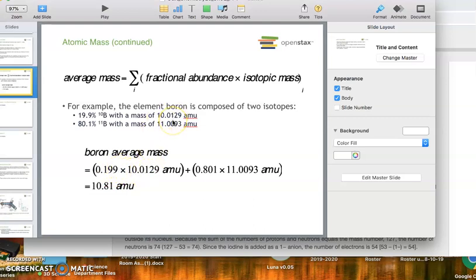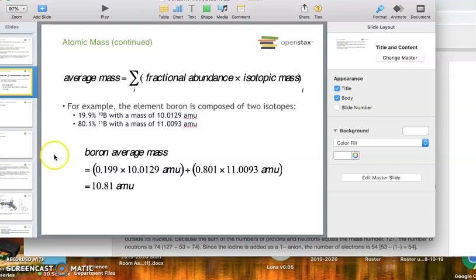So for boron 10, it's 10.0129. Okay, and then they did that again for the second isotope, same process. So they took the fractional abundance, divided it by 100. So 80.1 became 0.801 times the isotopic mass, which is 11.0093. Okay, they added up the products here. We get 10.81 atomic mass units.